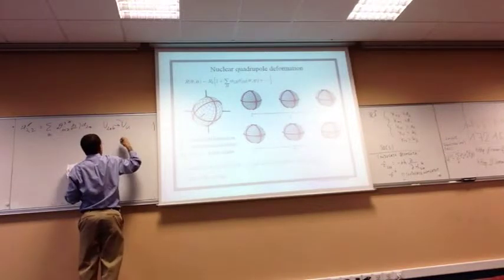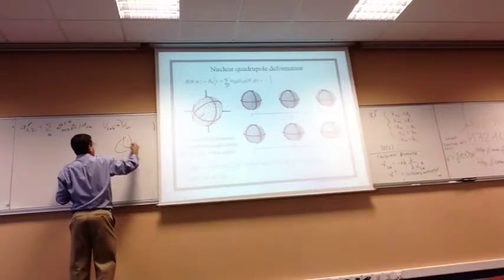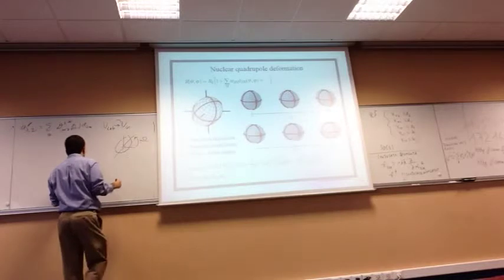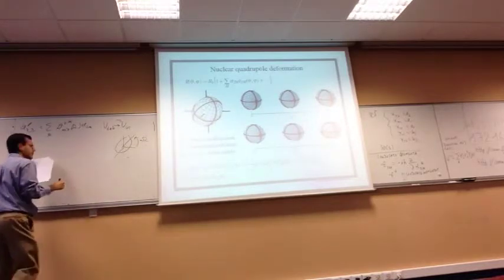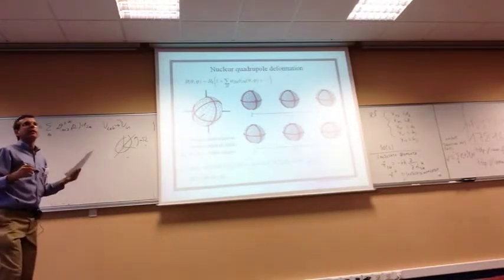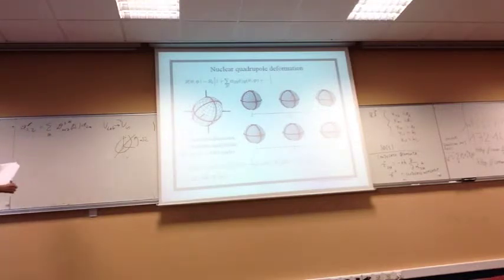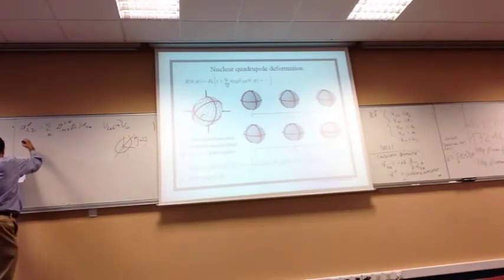intrinsic frame. So again, as a reminder, we have our lab frame, we have our intrinsic frame, and they're related by some Euler angles. So A prime is from the intrinsic frame. I will try to standardize on that. Wish me luck.